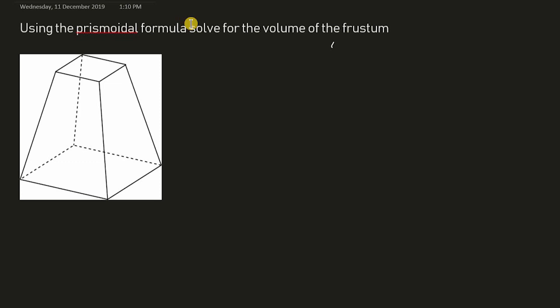Use the Prismoidal Formula to solve for the value of the Frustum. Alright? So, ano nga ba itong Prismoidal Formula, guys? Ang theory niya, when we have a Frustum daw, at hahatiin natin to sa middle. Kapag hahatiin daw natin yan sa middle, para mahanap yung volume nito, ang Prismoidal formula is equal yan sa area ng top, let's say this is area 1, this is area 2, this is area 3.